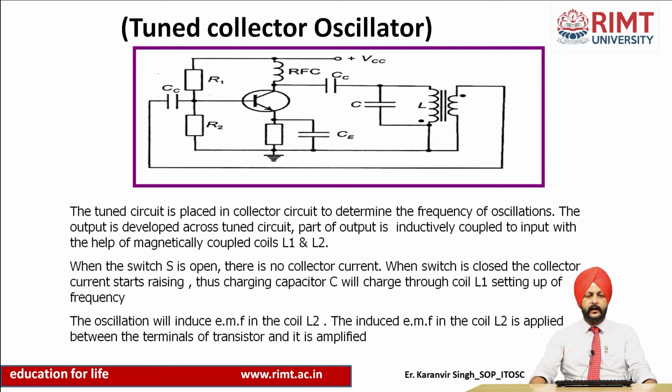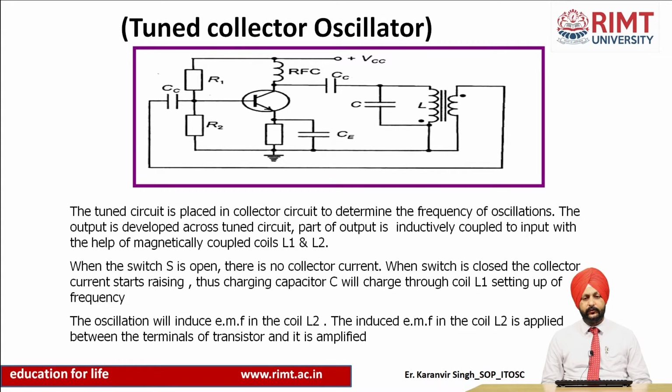Next is the tuned collector oscillator. As we can see from the figure, R1, R2 and CE are the circuit stabilization components we use for making the circuit stable. In this circuit the tank circuit is formed from an inductor and a capacitor. When the switch is open, there will be no collector current, as no connection is made in the circuit.